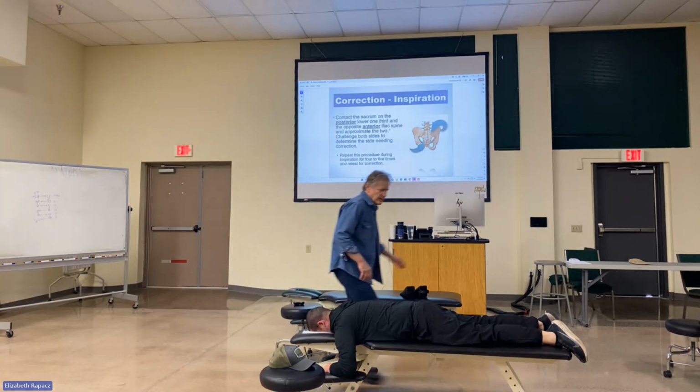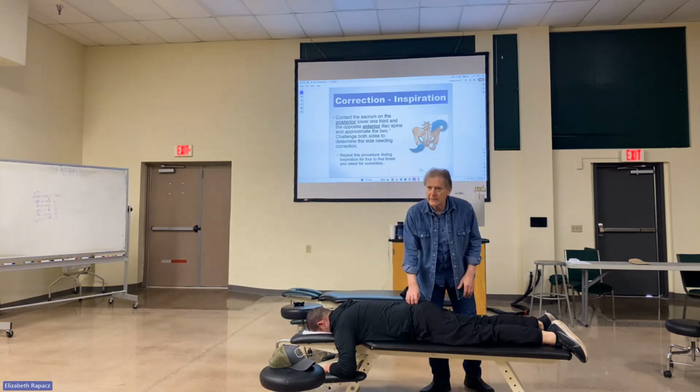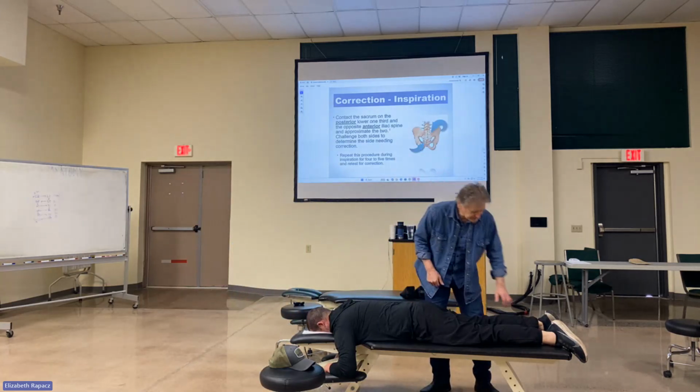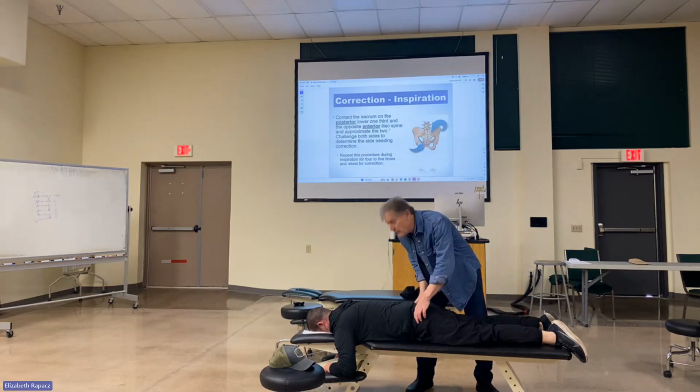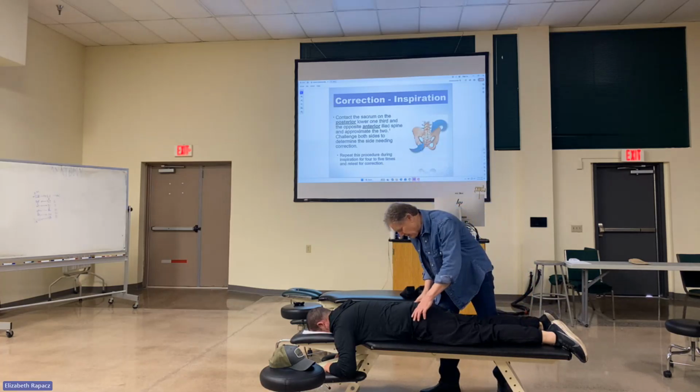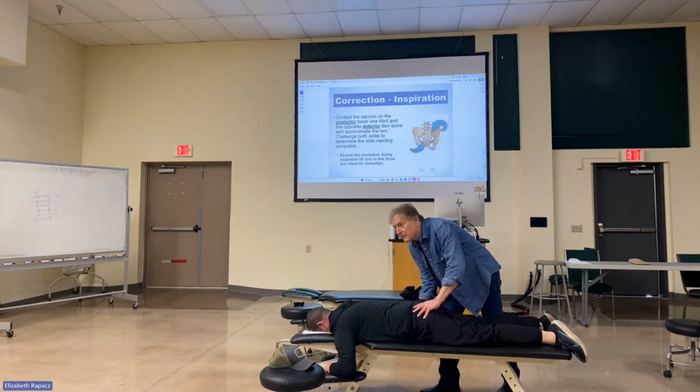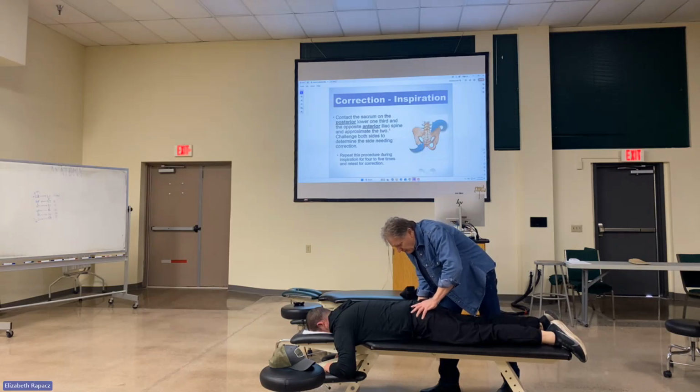So we know that he TL'd. We know that he strengthened on inspiration. Now, I challenge. We knew we had a sacrum kind of this way, so I'm going to start here. I'm going to challenge here and here. I grab the front of his innominate, my thumb's on his apex, and I'm just going to challenge it this way.